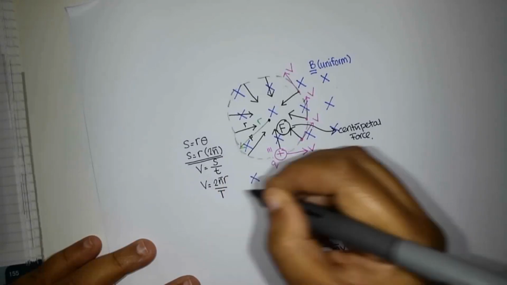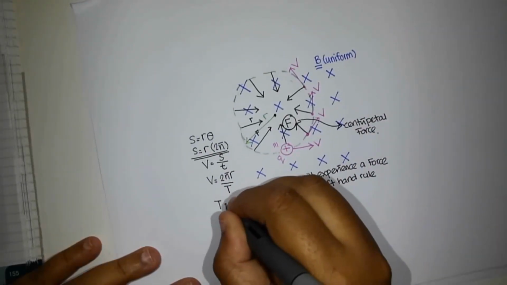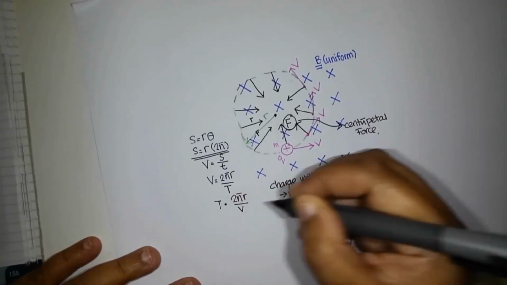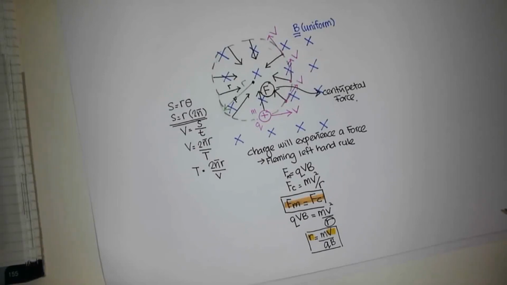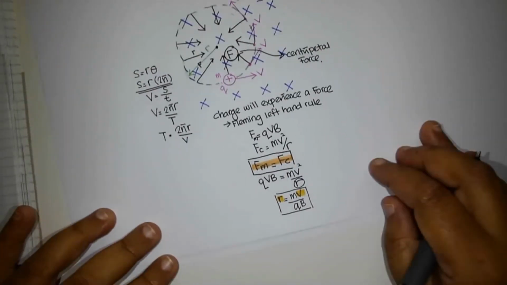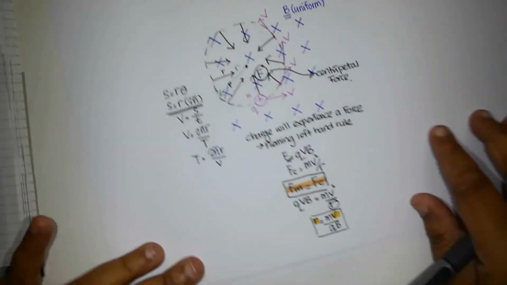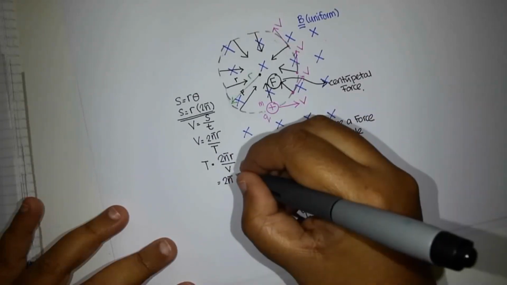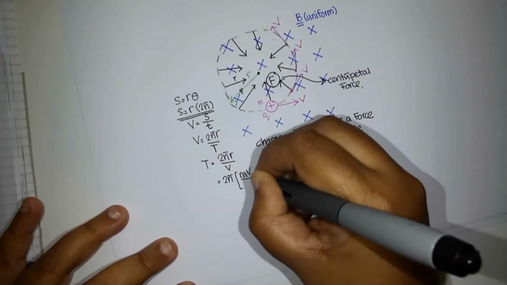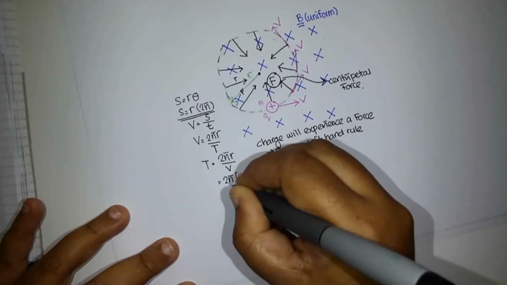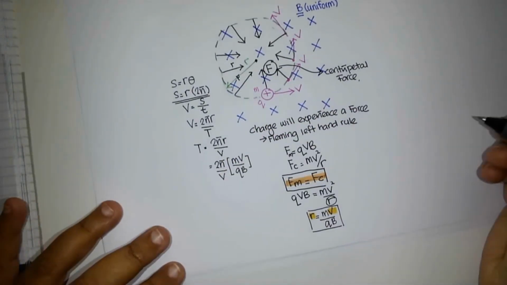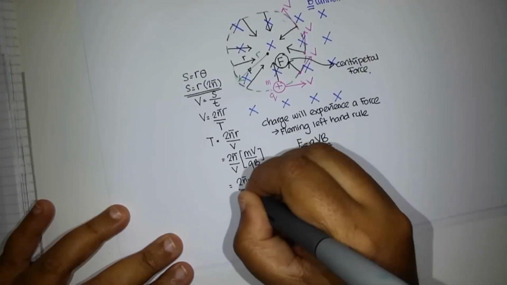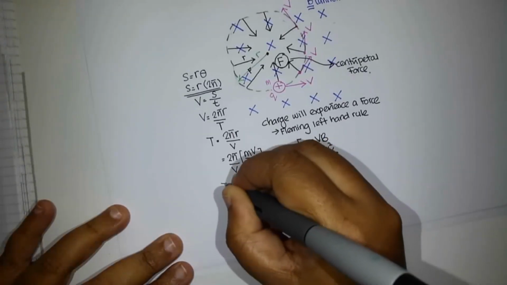Therefore T equals 2 pi r over v. I already know r from the earlier formula, so I substitute r equals mv over qB, and I get T equals 2 pi m over qB.